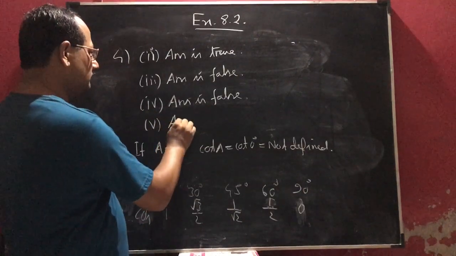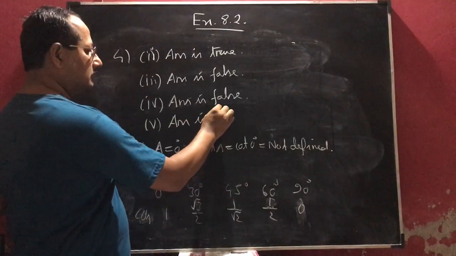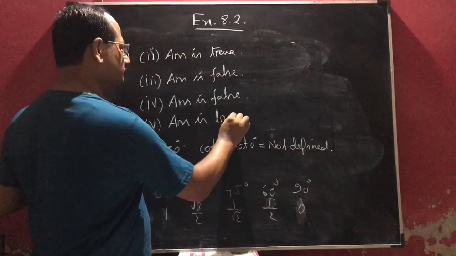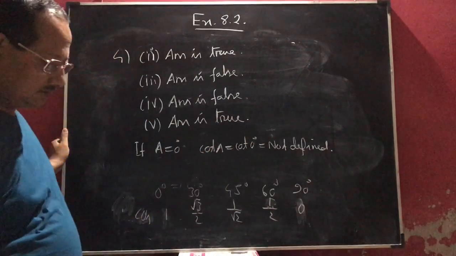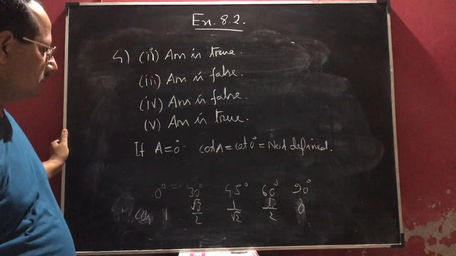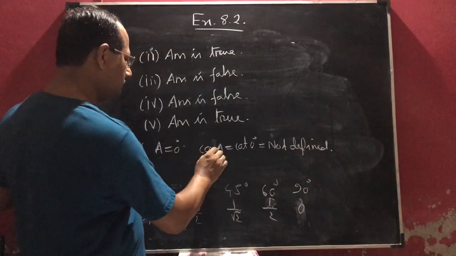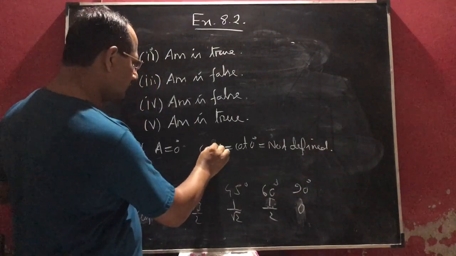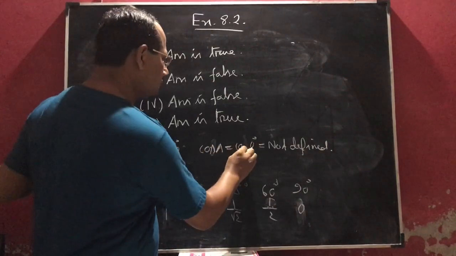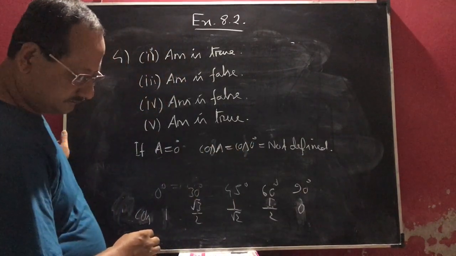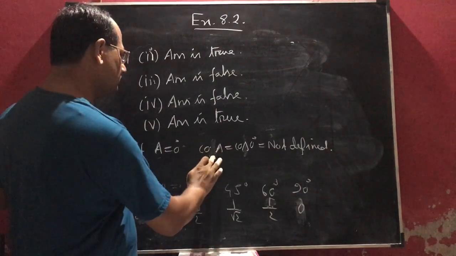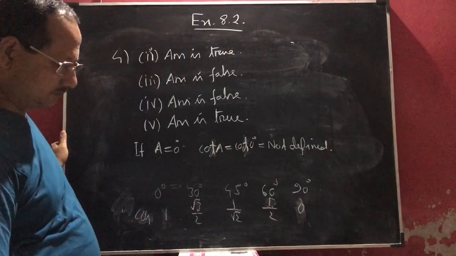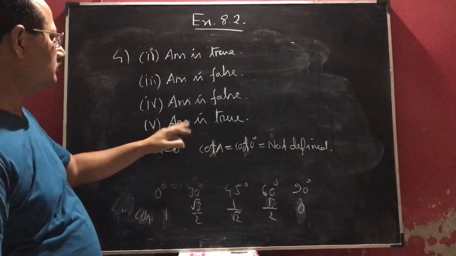Therefore, the answer is true. Cot A is not defined for A equal to 0. Not defined, the answer is true.